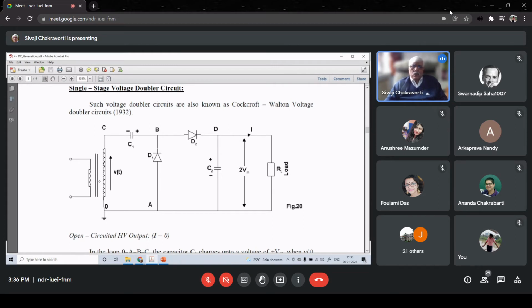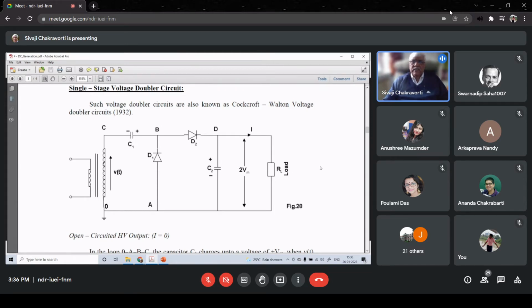Coming to the loaded condition, that means not the open circuit condition, but the loaded condition. That means parallel to C2, we have connected the test object, and the insulation resistance of the test object is RL, which might be, again I repeat, of the order of 100 megaohm or even more.